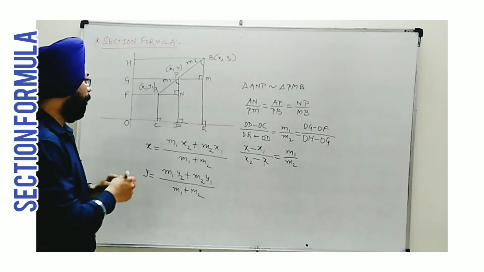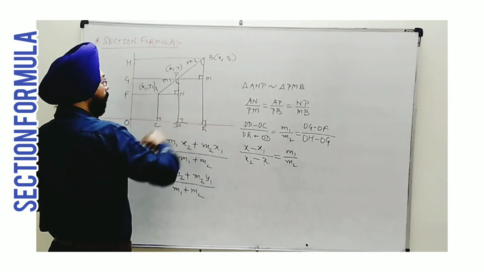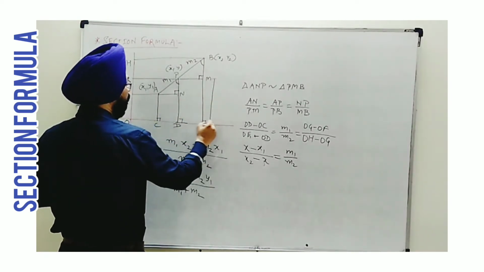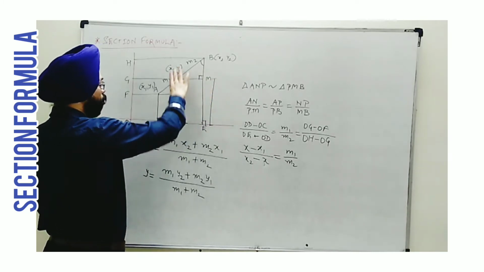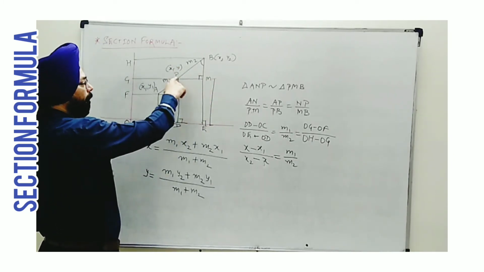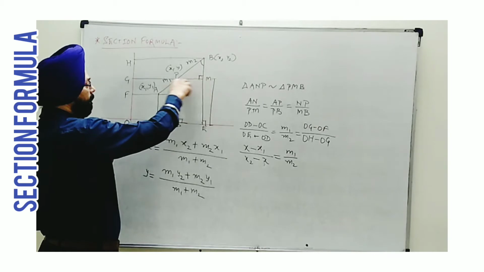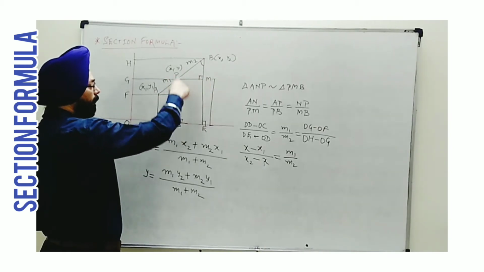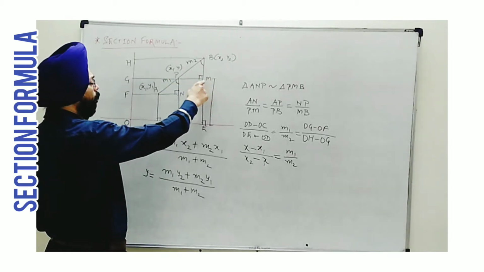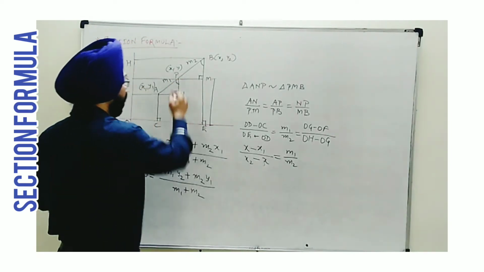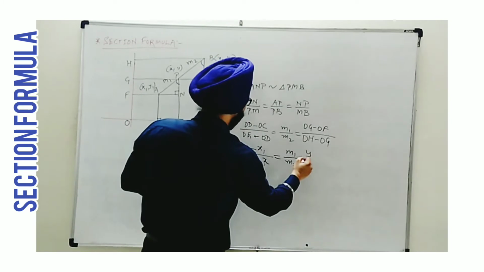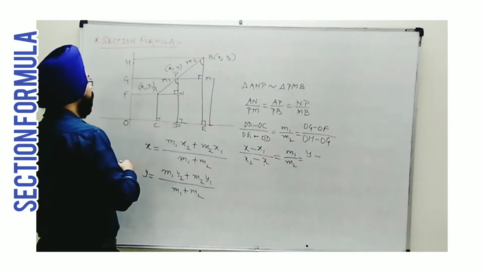Once again, the value of OG, this length, is equal to the ordinate of M. Ordinate of M can be obtained by subtracting, but you can see this can be taken as equal to the ordinate of P, and no subtraction is needed. Simply we can say this is equal to the ordinate of P, which is Y, minus OF.